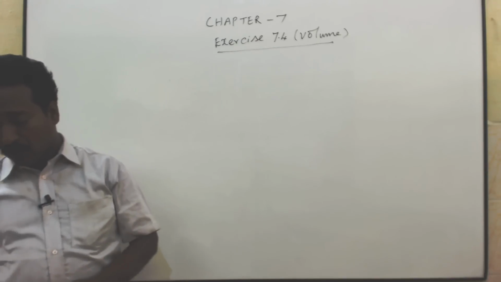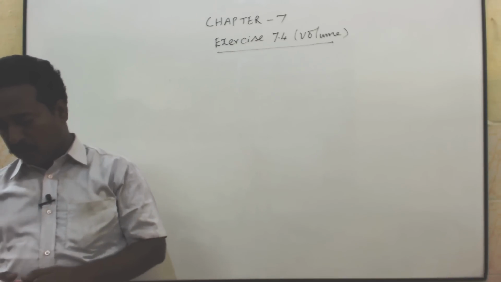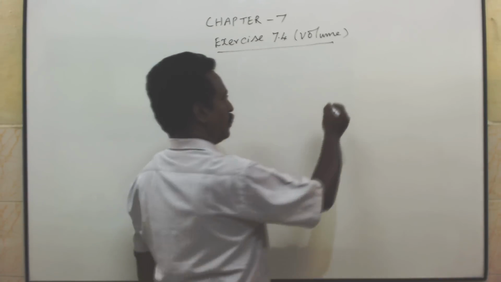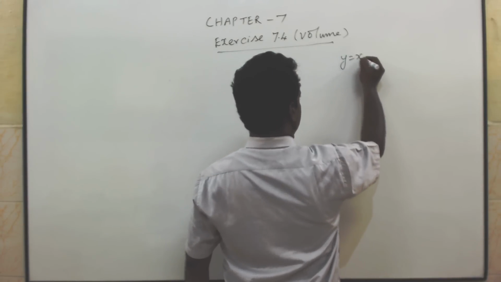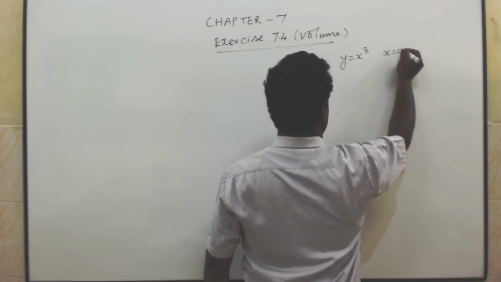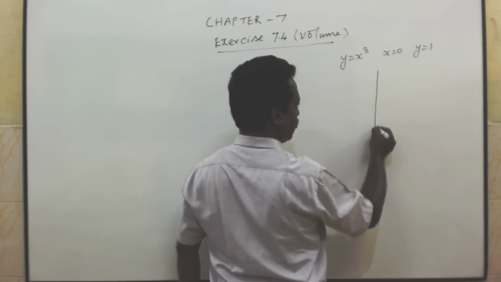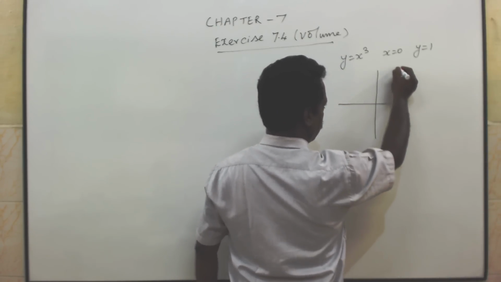Question number 13: y equal to x cube, x equal to 0, y equal to 1, revolves about the y axis. Already we studied the y equal to x cube curve.